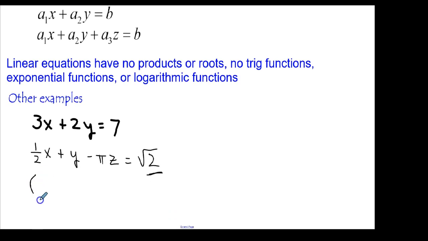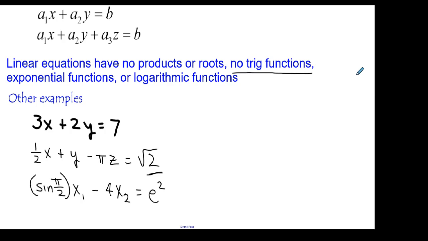Another example, sine of pi over 2 times x sub 1 minus 4 times x sub 2 is equal to e squared. Well, now wait a minute. I just said no trig functions, no exponential functions. Okay, I didn't lie.